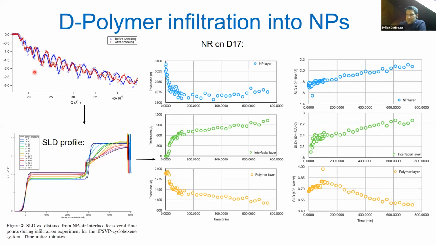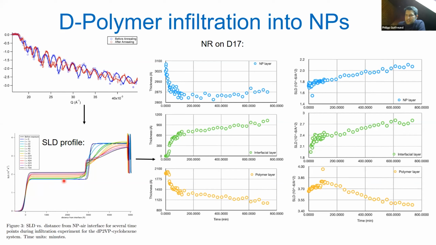You see there are a lot of fringes in the signal due to the interferences at the different interfaces. And we can fit this, this is the solid line, and then we get these scattering length density profiles along the Z direction. So this is the projection of the scattering length density along the normal direction. So we have the vapor on the left-hand side with a scattering length density close to 0 because of the low density.